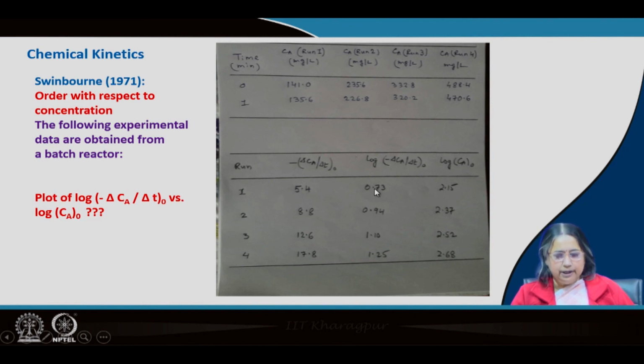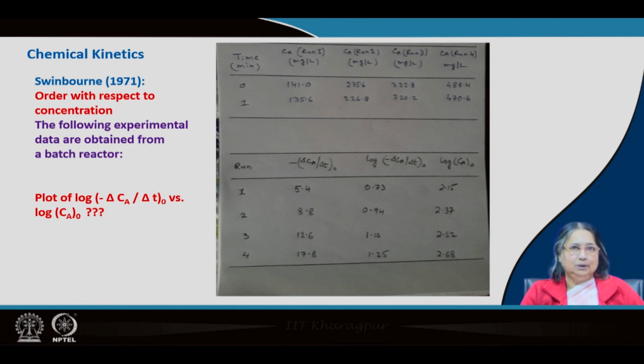You have to plot these values against these values, and see the slope of the straight line. Then you can easily find out the order of the reaction.